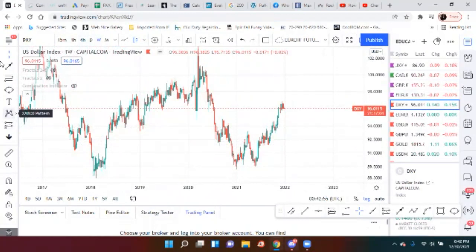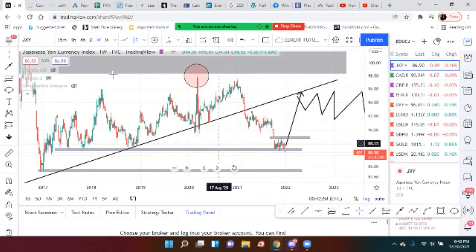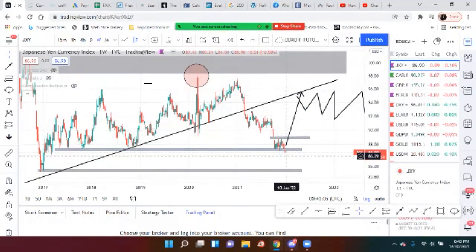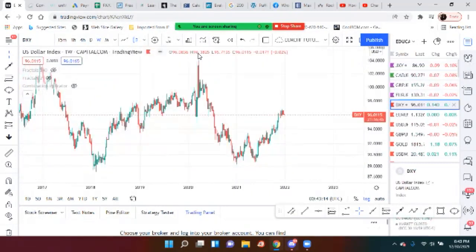Every currency has an XY, because here's Japan, which is dropping, which I thought it was going to make that move, but it didn't. So JPY is dropping right now, you see, which means all JPY pairs should be flying up. We'll get into that in a second. So, because you only wanted to talk about DXY, that's fine. This is the DXY.